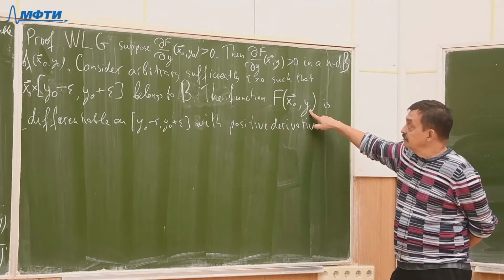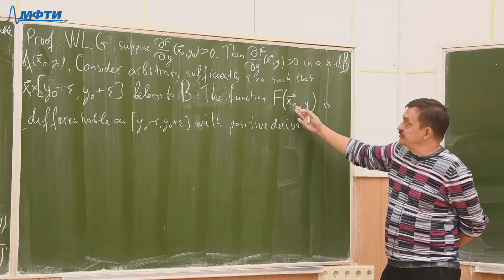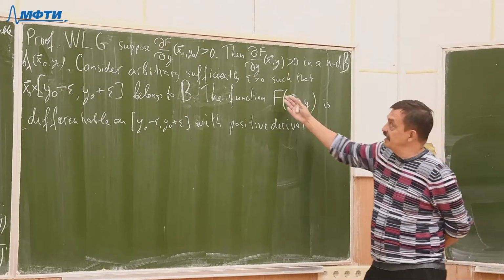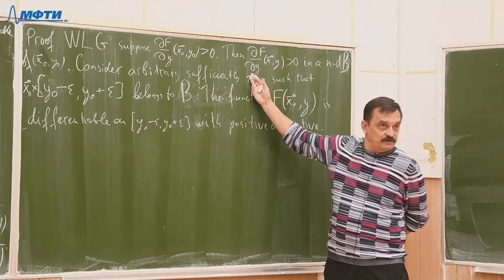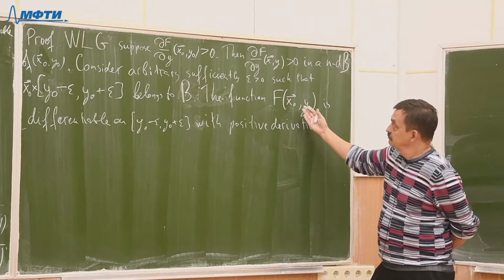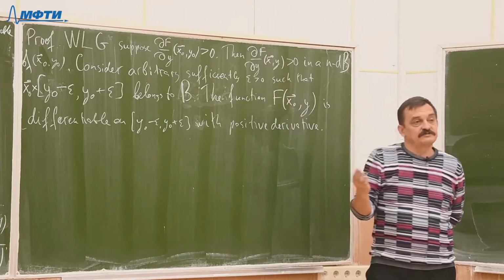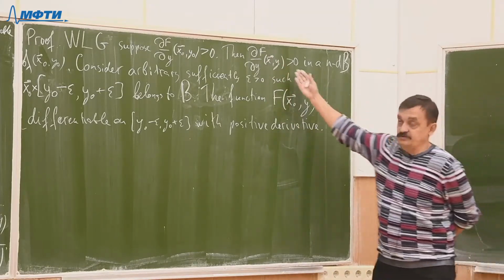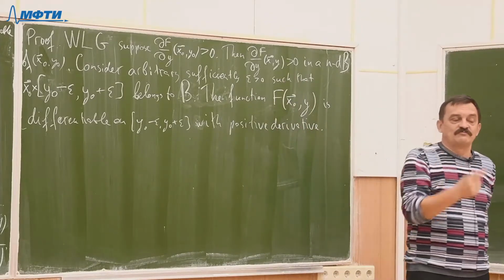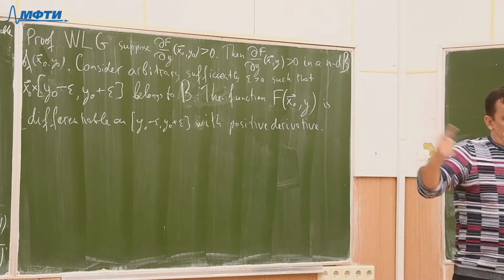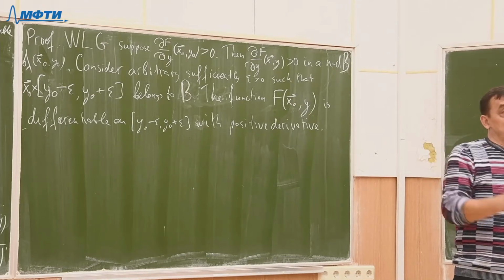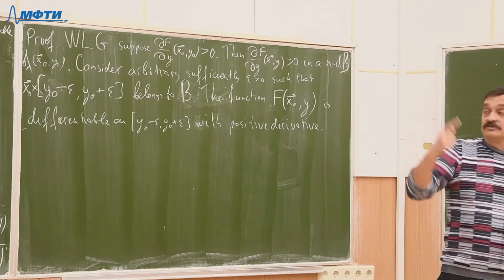And if we differentiate that function, then that is precisely the partial derivative with respect to y, right? And as we supposed, this partial derivative exists and it is positive, right? So we have a function of one variable which is positive, right? Which increases, right? Strictly increases.